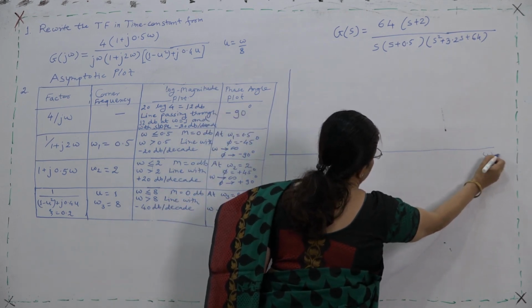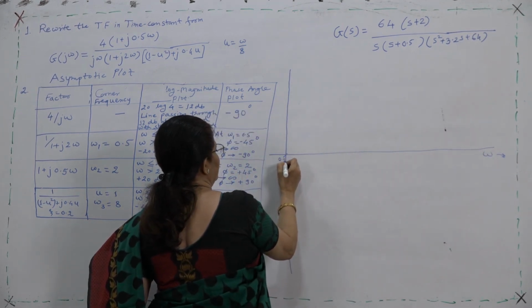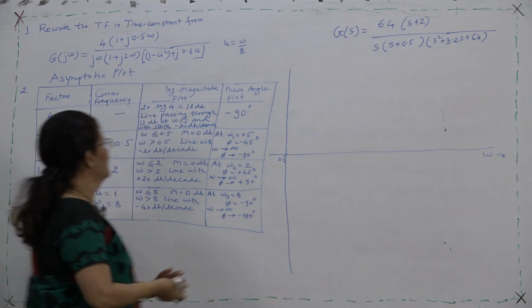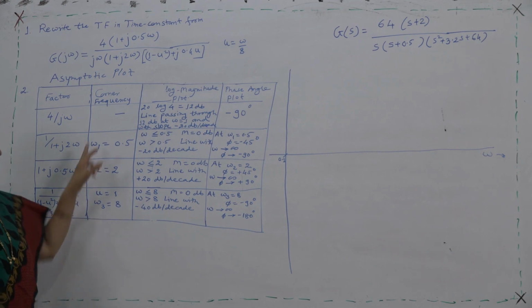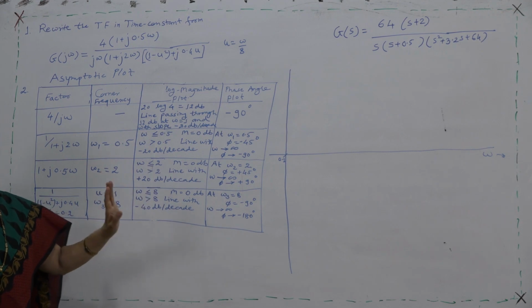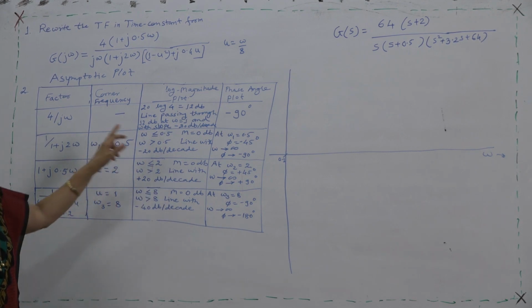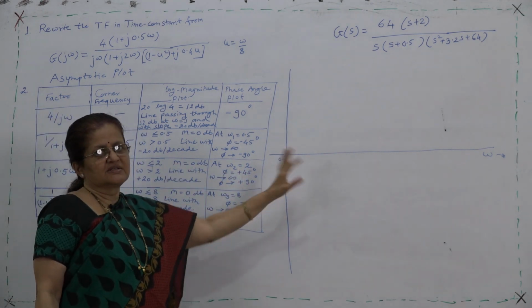X axis is your omega, logarithmic scale. If this is 0.1, see whether 0.1 is sufficient or you want lower than that. You observe here the corner frequencies. The lowest corner frequency is 0.5, so 0.1 is sufficient. Suppose your lowest corner frequency is less than 0.1, then you have to take 0.01 as your starting point.